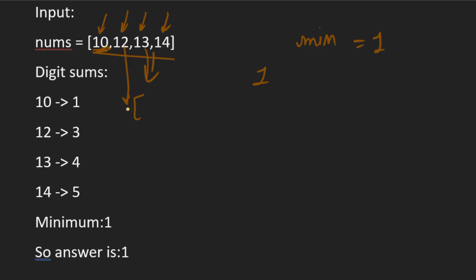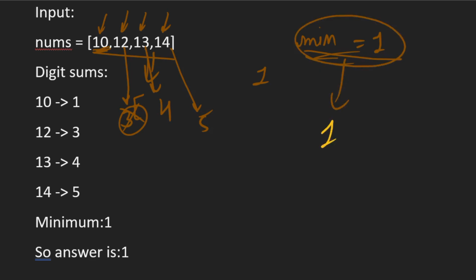Then we find the sum of digits for this number, which is 3. Then we check, is 3 less than our minimum? No, so we ignore it. Then 4 is not less than our minimum answer. Then we get 5, which is not less than our minimum answer, so we get our minimum answer as 1, right? So minimum is 1 and our answer is 1.